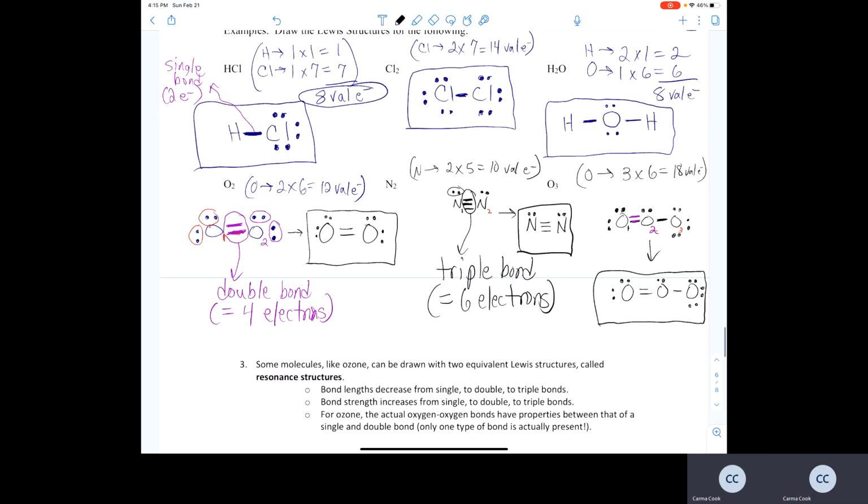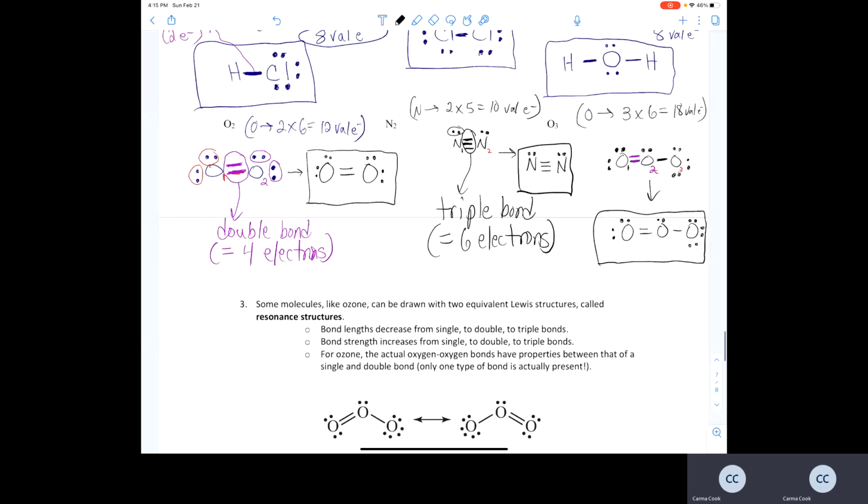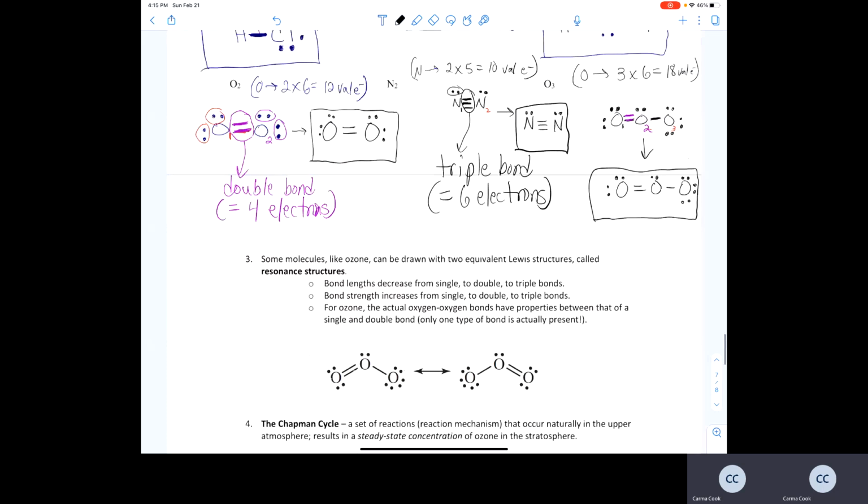So ozone, remember I said that to make the oxygen 2 in the middle happy, I could have taken 2 electrons away from oxygen 1 or oxygen 3. So with some molecules like ozone, they can be drawn with 2 equivalent Lewis structures. These are called resonant structures.